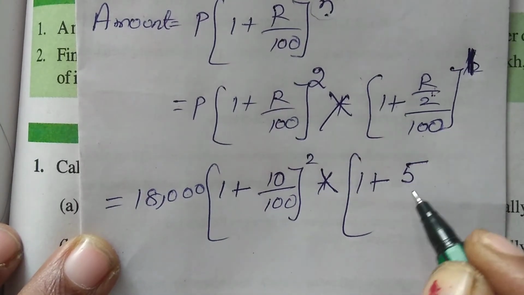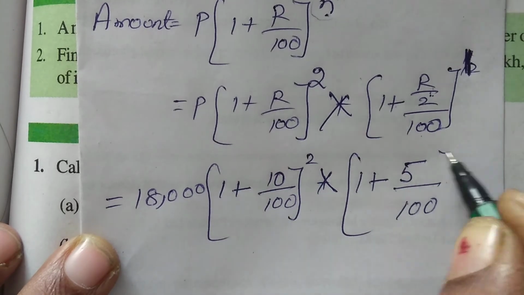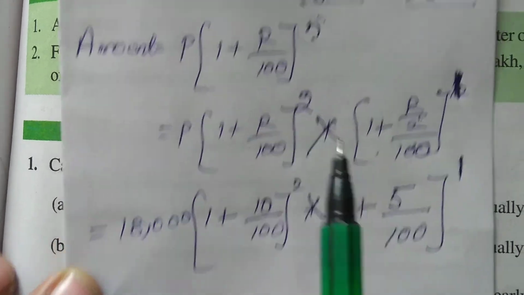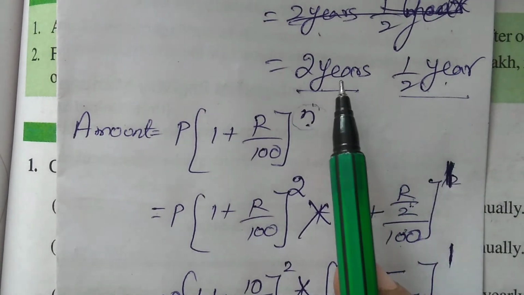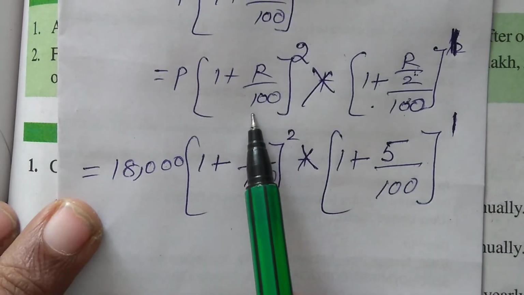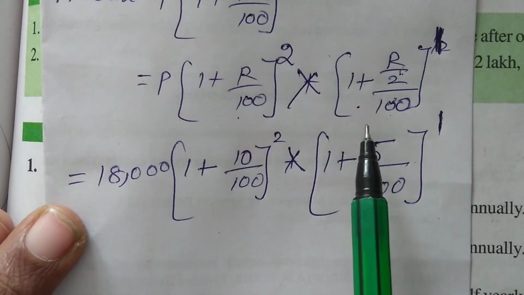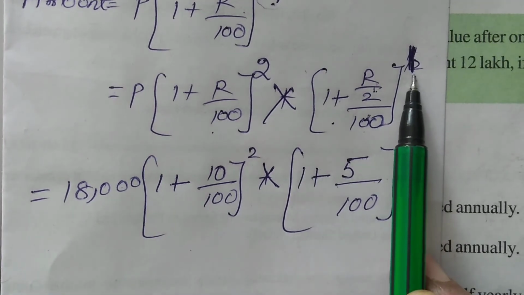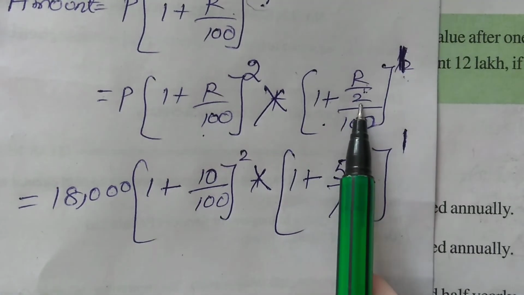Why are we calculating this? Because 2.5 years we split into 2 years and half a year. So for 2 years we use the formula. In half a year, it is half yearly, so we make the rate of interest R by 2. And in half a year only one half yearly period is there. That is why the power is 1.